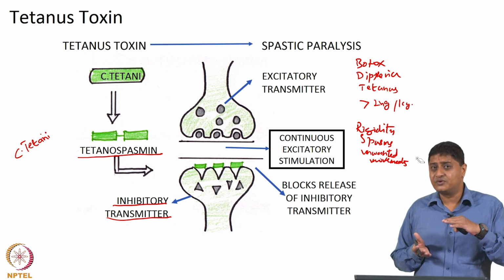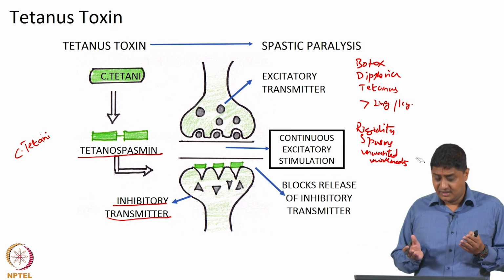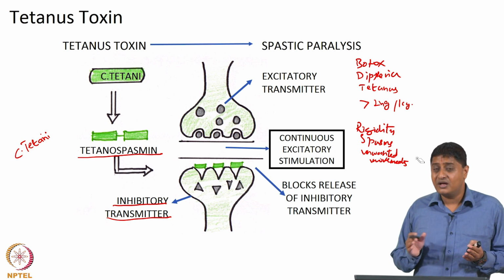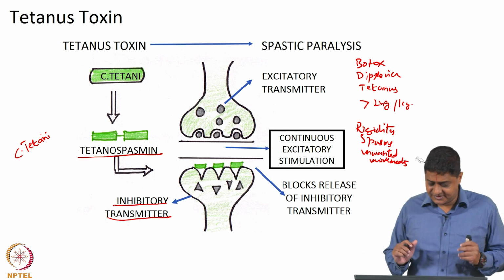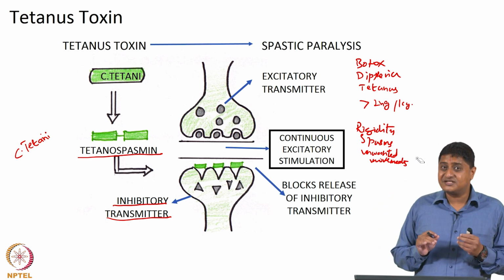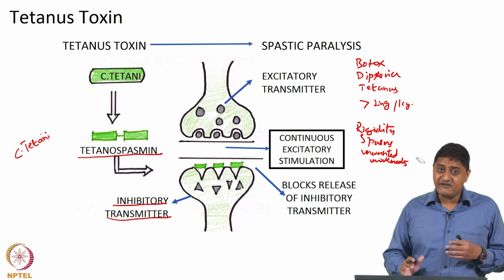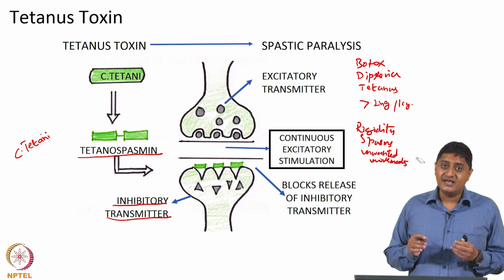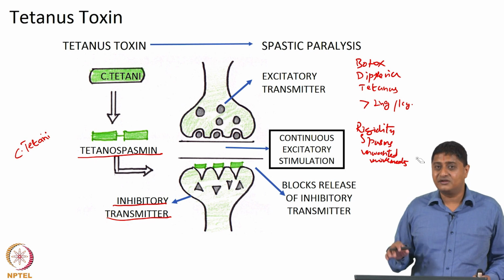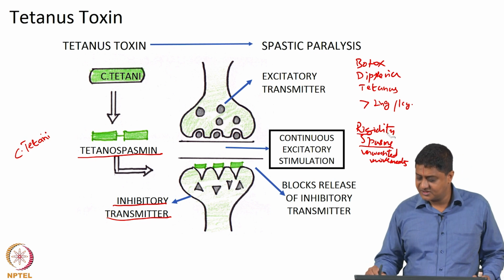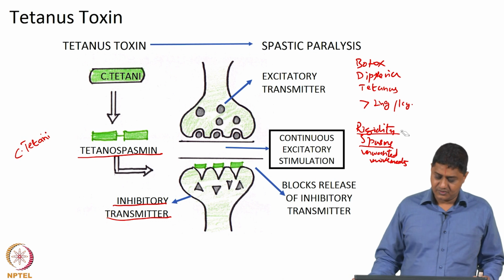The action of acetylcholine is balanced by inhibitory neurotransmitters such as GABA and the action of esterases such as acetylcholine esterase and other such things. So, when this fine balance is disturbed in favor of acetylcholine, excess acetylcholine remains at the postsynaptic terminal, causing unwanted movements, spasms, rigidity, etc. Okay.